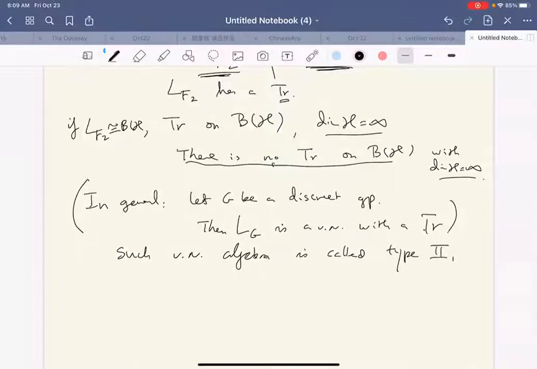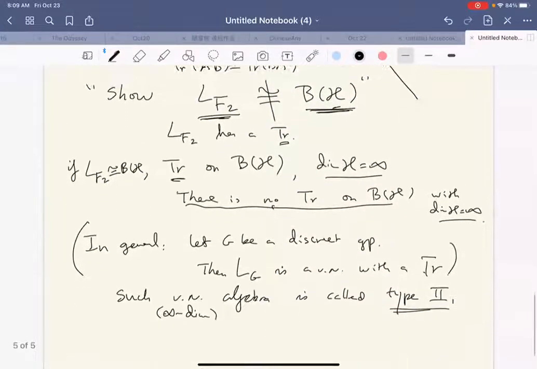So this one simply refers to the fact that it has a trace. Any infinite dimensional von Neumann algebra with a trace is called a type 2-1 von Neumann algebra. So that's very different from B of H.